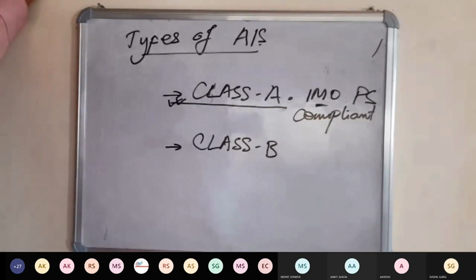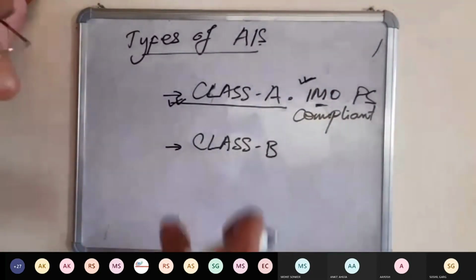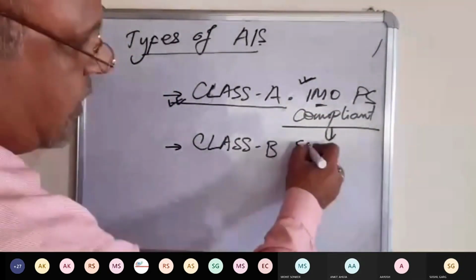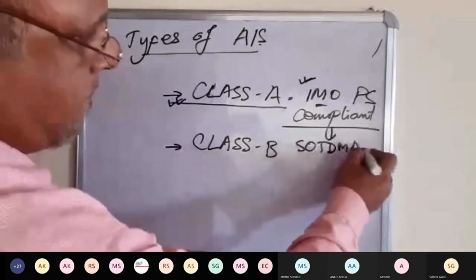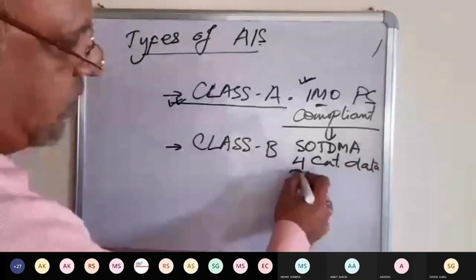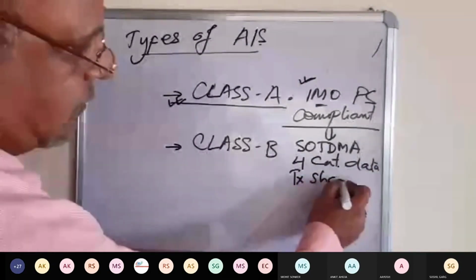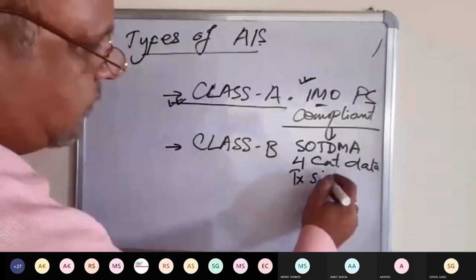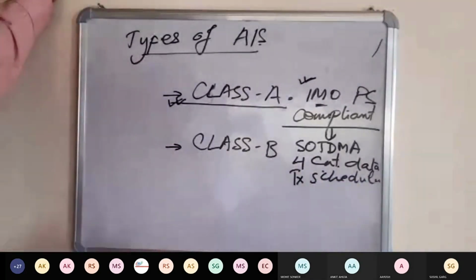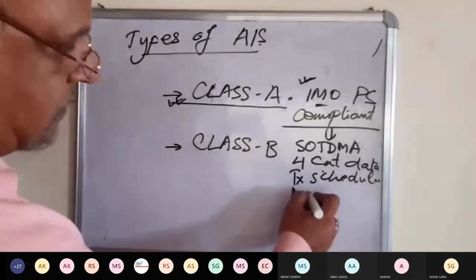Then the question comes, what is this IMO requirement? IMO requirement is all that we have been studying so far. That it should be working on SOTDMA, 4 categories of data, transmission schedule. Transmission schedule, that 6 minutes of static data, 6 minutes voyage data, 6 minutes, and course and speed dependent. All that.